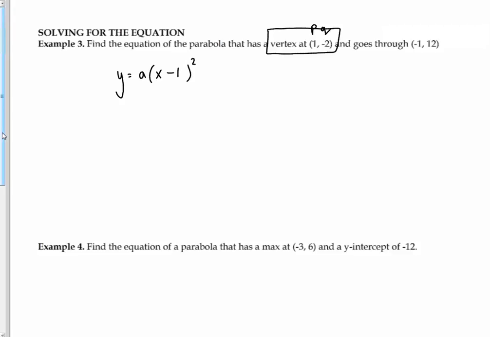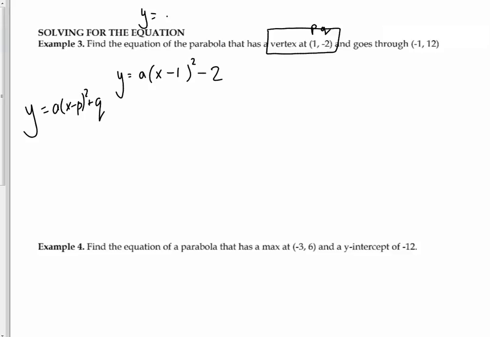Minus 1, right? The formula is y equals a times (x minus p) squared plus q. That's vertex form. So p is 1, so minus 1, and then q is negative 2.